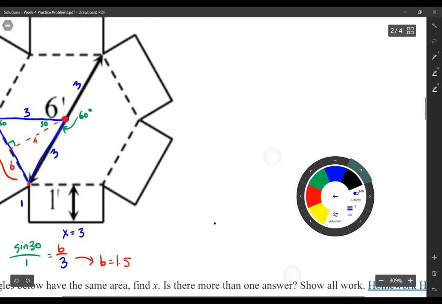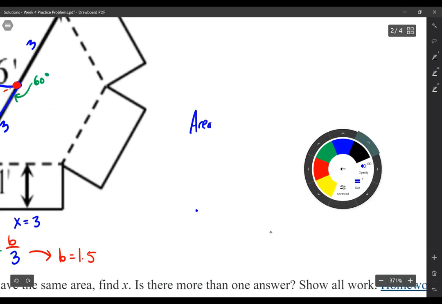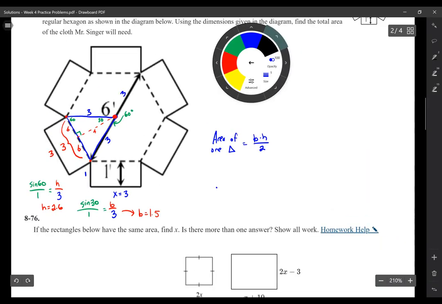So finding the area of one triangle is going to be pretty quick now. It's equal to base times height all over 2. And we know that our base is equal to 3, and our height is equal to 2.6, all over 2. So when we multiply those and divide by 2, we get 3.90 feet squared. And that is one of the triangles.